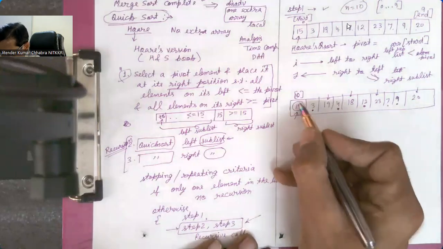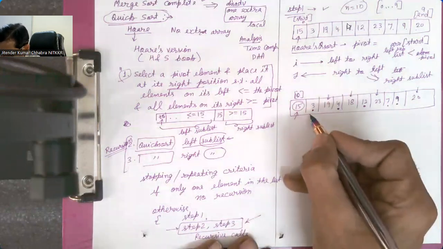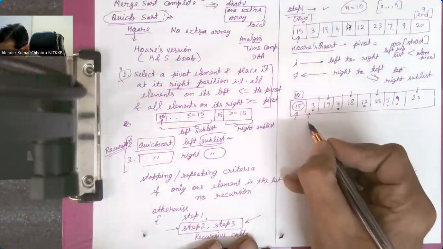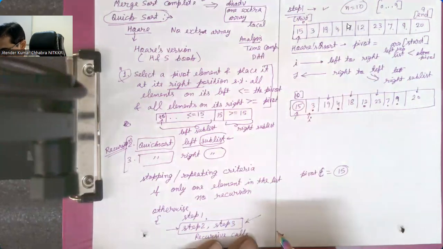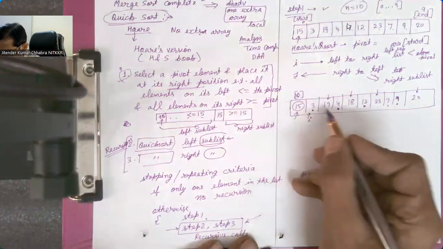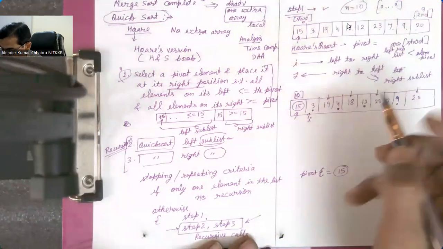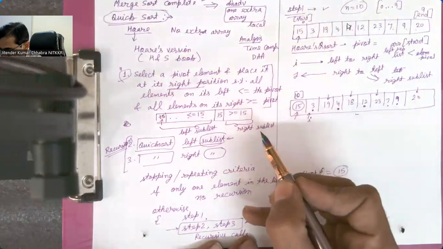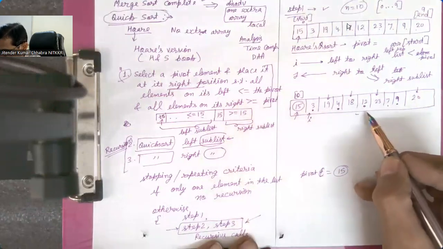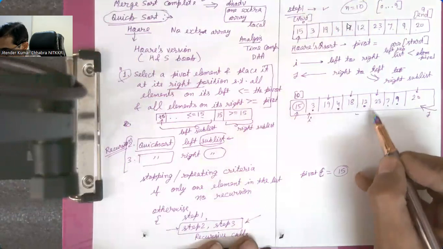15 as a pivot. How do I bring it to the right position? So what I'll say, let I start from here. I will start from next to pivot, and what my aim is, I will say if the value is less, it is already on the left side. So I will say I list will grow somewhere up to the middle. Somewhere up to the middle will mean all these are the smaller values, and in between somewhere pivot comes, and J list is coming from this side. So J is on the right side, and J list will end somewhere up to the middle.